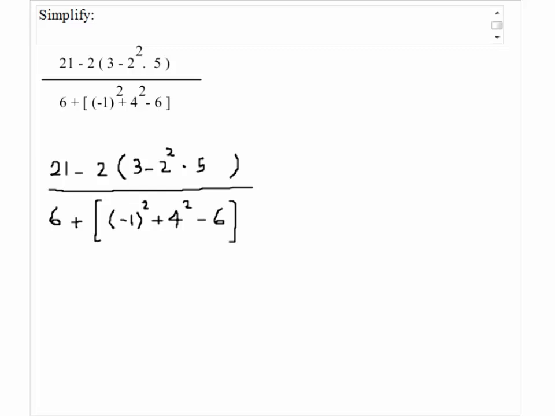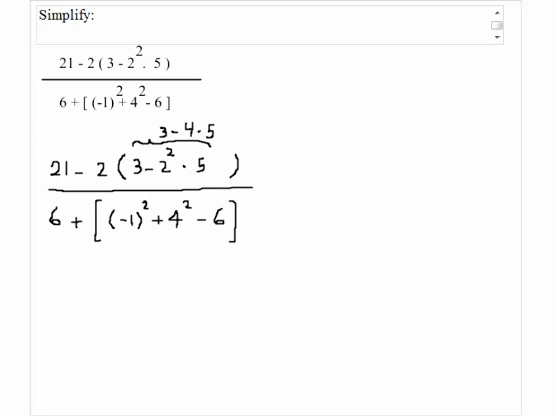So we have 3 minus 2 squared would be equal to 4. So we have 3 minus 4 times 5. And when we follow the order of operation inside the parentheses at the top of the fraction, we have to do the multiplication first.